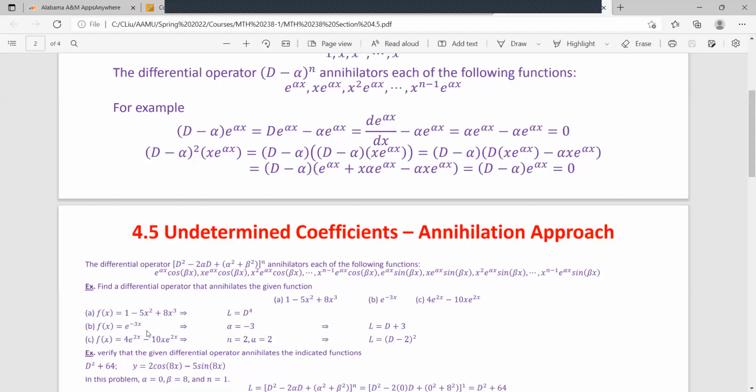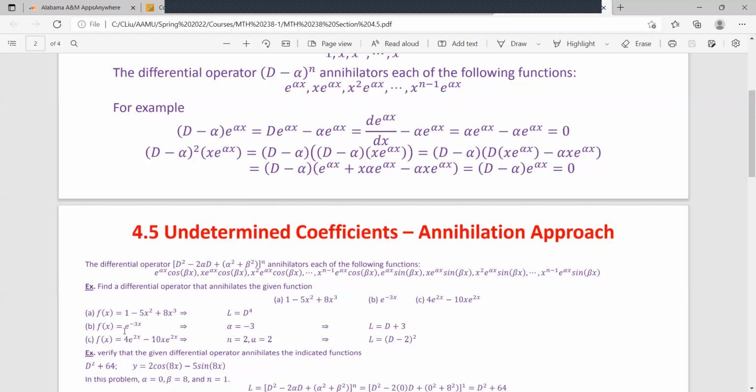Okay. In the third question, we have two terms, but they're all of the form x to some power n minus 1 times e to the alpha x. If you let n equal 2, then we can annihilate the functions e to the alpha x and x to the 2 minus 1, which is x, times e to the alpha x.